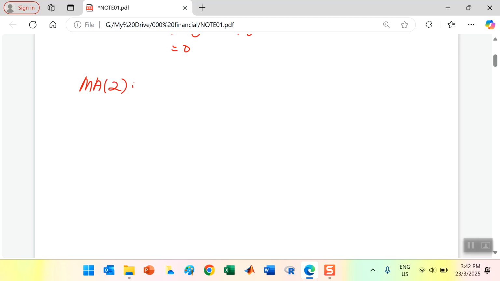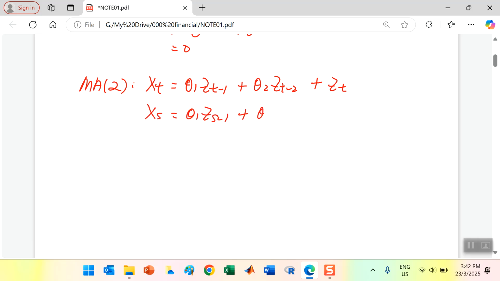For MA2, we know that XT is equivalent to ZT plus theta 1 ZT minus 1 plus theta 2 ZT minus 2. Similarly, you have XS equal to ZS plus theta 1 ZS minus 1 plus theta 2 ZS minus 2.